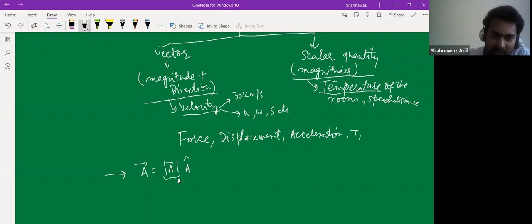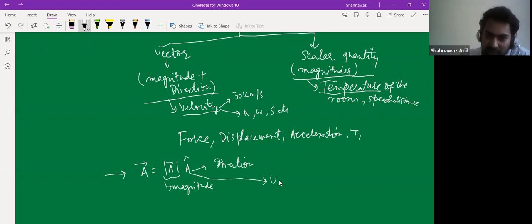So this is the magnitude and this is the direction of the vector A. This is also called the unit vector. Why a unit vector? Because its magnitude is 1.